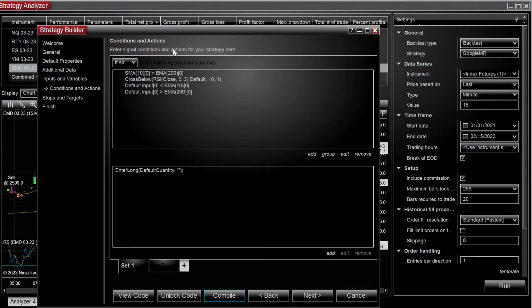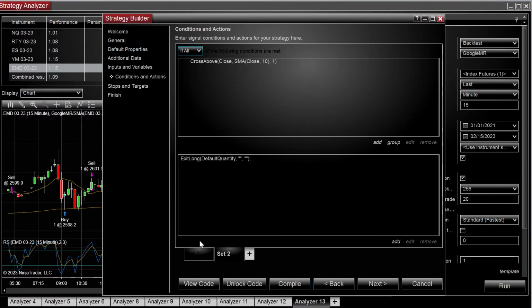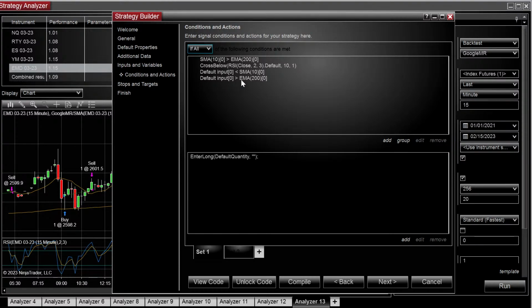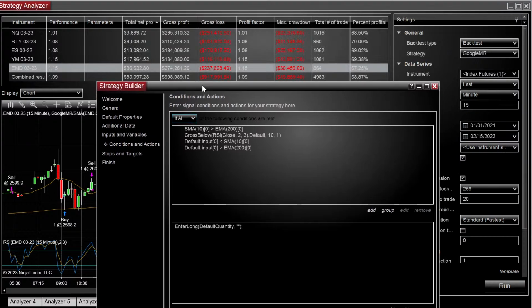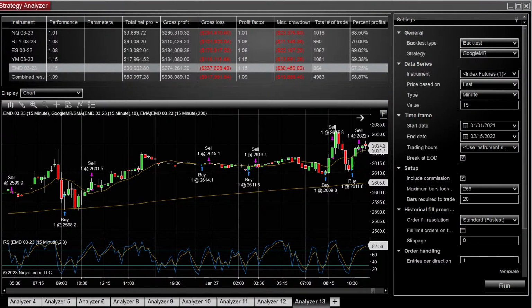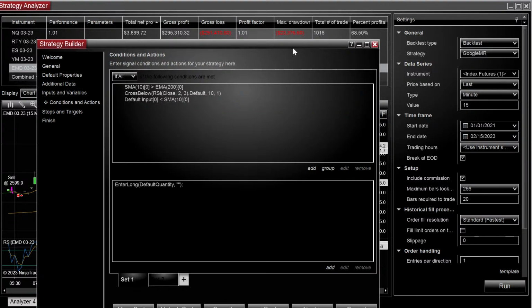So the 200 EMA is acting as a filter here, and what I'm curious about is if it is actually helping or not. So we see our current results with it being above. First thing I want to do is just see what happens if we take away the 200 EMA.